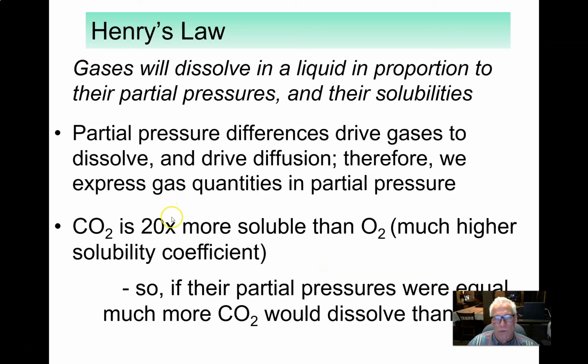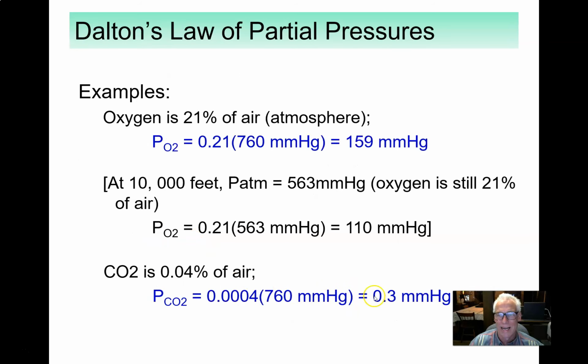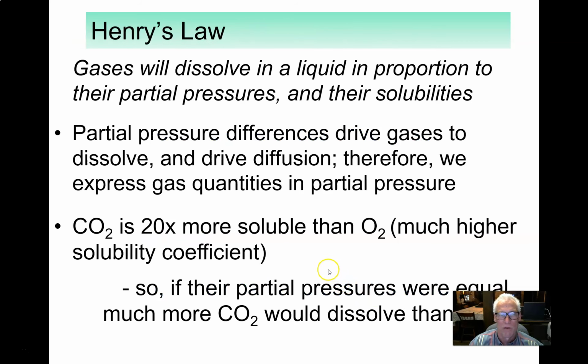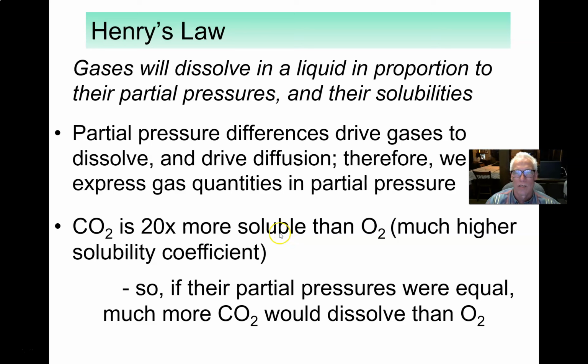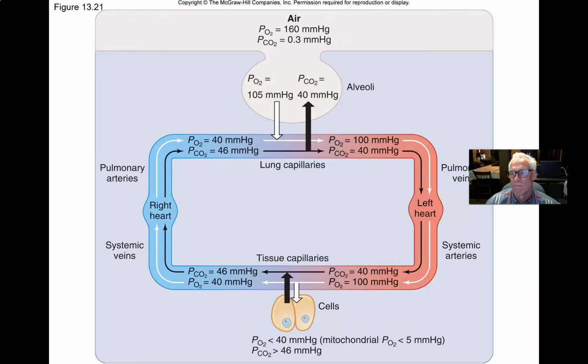So if we compare CO2 and oxygen, put them both in a container under the identical pressure with water sitting below it, how much would dissolve in the water? Well, CO2 is 20 times more soluble in water than oxygen. So a lot more CO2 would dissolve at a given partial pressure. As we saw, there's hardly any partial pressure of CO2 to speak of in the air. Anyway, just an interesting point which will come up later as we discuss partial pressure differences in different places in the circulation.